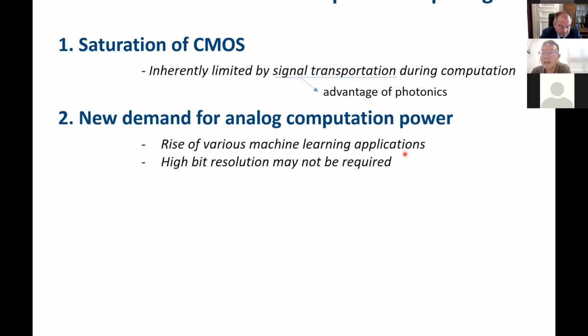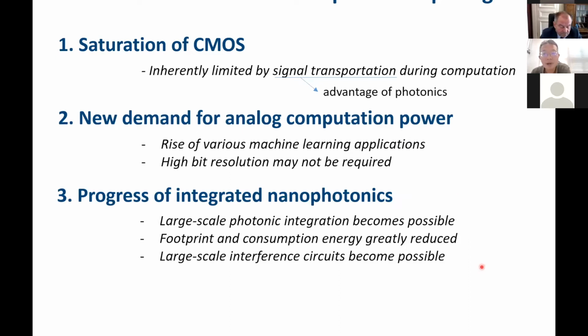Third, there has been substantial progress in integrated nanophotonics. Large-scale photonic integration becomes possible, and footprint and energy consumption were greatly reduced. And also large-scale interference circuits become possible. So those did not exist in the 80s and 90s.